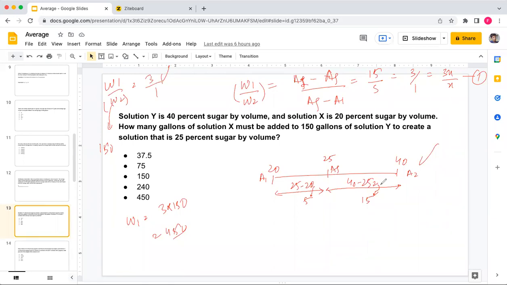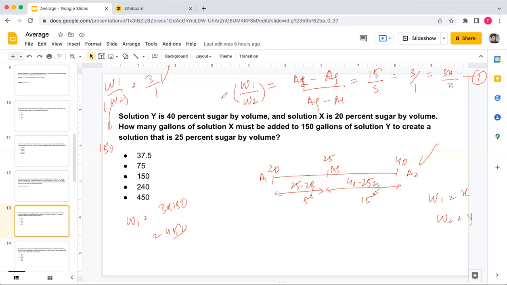Yes. Okay. Brother, I got the 3 by 1 ratio up to this, but how do we get 150? There I didn't get it. Listen. First of all, tell me what is W1 here, what is W2 here? W1 is the value for x, right? And W2 is the value for y.